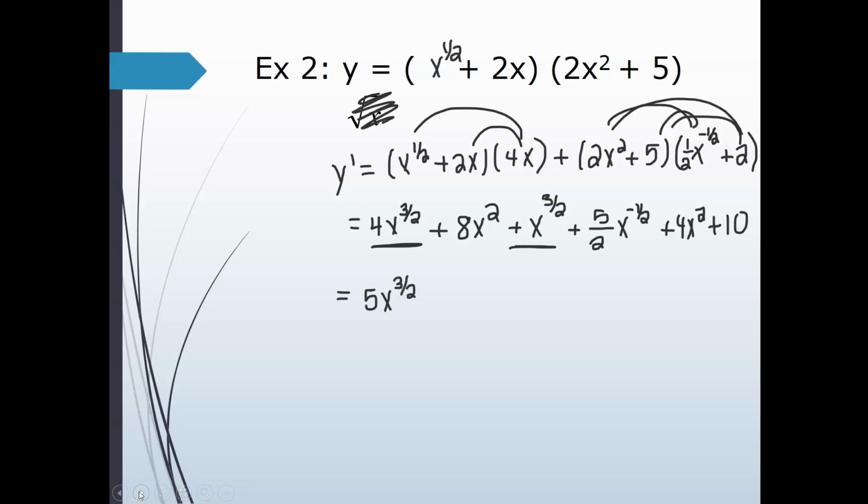Which is 1. 2 times 1/2 is 1. So you get 5x to the 3/2. 8x squared and 4x squared gives 12x squared plus 5 over 2 square roots of x plus 10.